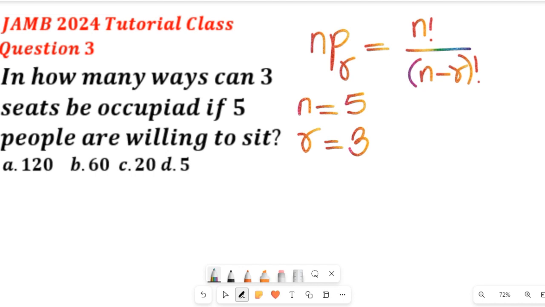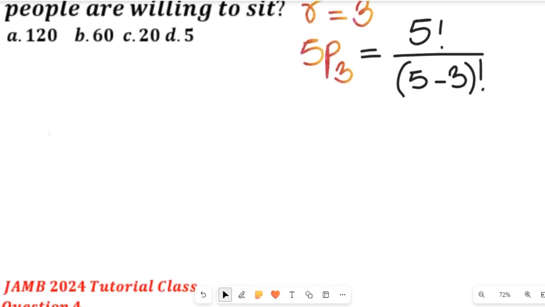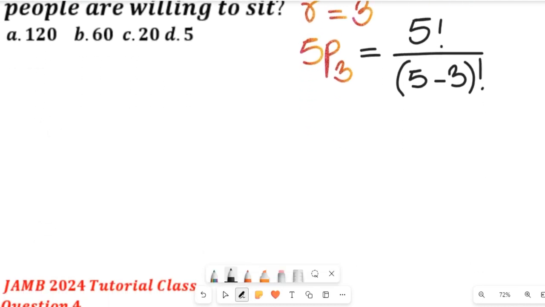Now, since we have this, 5 permutation 3 will be equal to 5 factorial divided by 5 minus 3 what? Factorial. So what do we have here? If we simplify this, we are going to have 5 permutation 3 equal to 5 factorial, right?